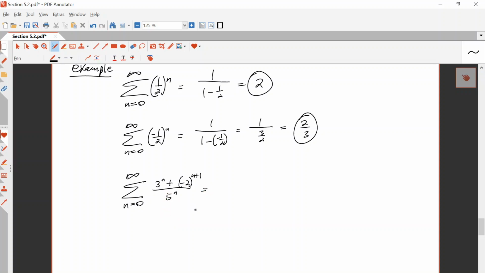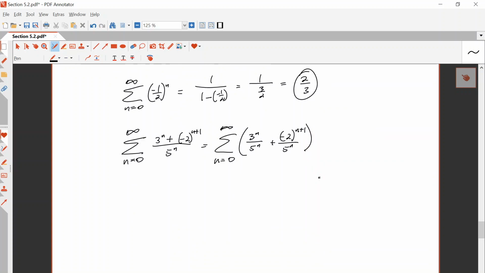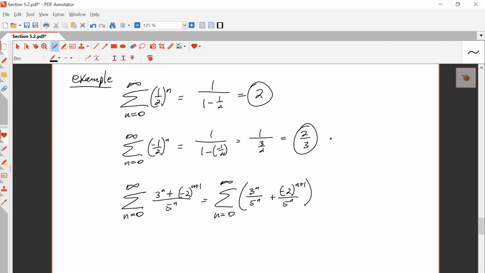Well, it's not a geometric series yet, but let's split this up. So this is 3 to the n over 5 to the n plus minus 2 to the n plus 1 over 5 to the n. So we're splitting up the numerator over the denominator. So example 1, example 2, example 3.